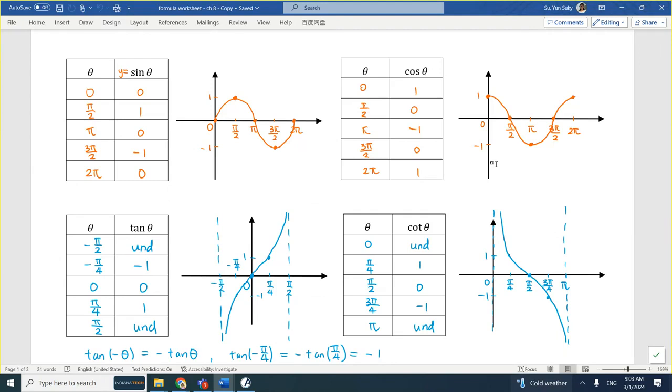And the y values are undefined, -1, 0, 1, and undefined. The cotangent is you flip the tangent upside down, over from 0 to pi. And you also separate this interval into 4 pieces, so you get those 5 key points. Do you still remember, everybody?